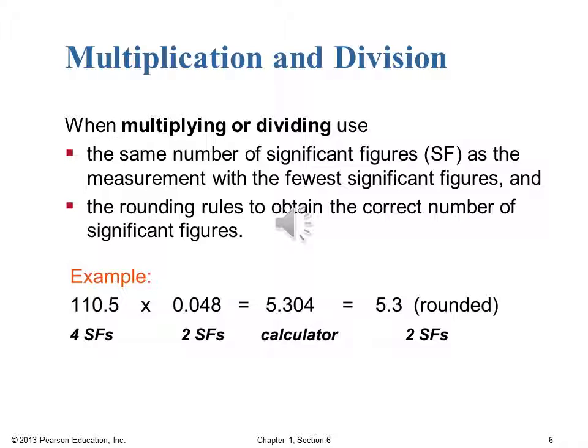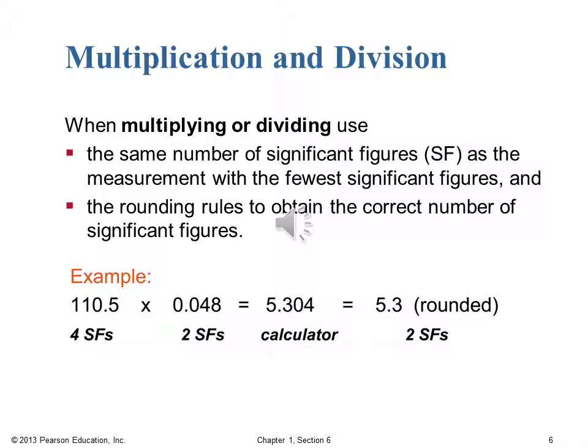So when we multiply those two values together, your calculator, your silly, naive, non-chemistry student calculator, will give you a result of 5.304. Applying the sig fig rules, we really want just 2 significant figures, right? Because the second number there, the measured number, had just 2 sig figs. So our answer should have just 2 sig figs.